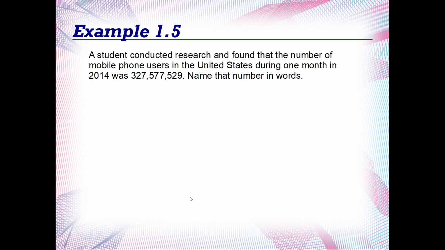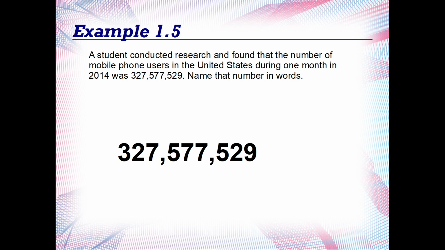One more example here. A student conducted research and found that the number of mobile phone users in the United States during 1 month in 2014 was that number. Let's name that number in words. Okay, so here's our number here. We're going to find the biggest period first. That's going to be ones, thousands, millions.